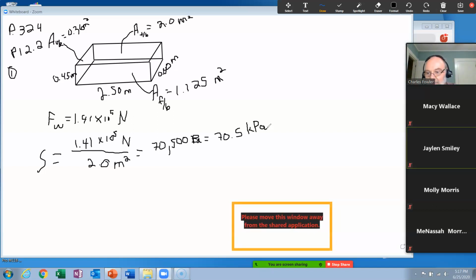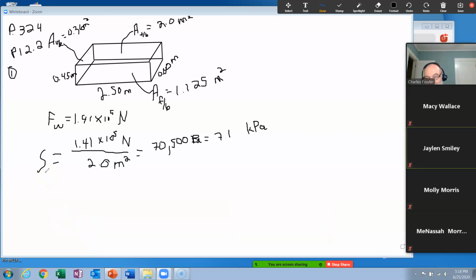Okay, so they rounded up, and I thought they should have, but okay. So let me erase that and make it 71. Okay. 71 kilopascals. That's when it's on the big side.